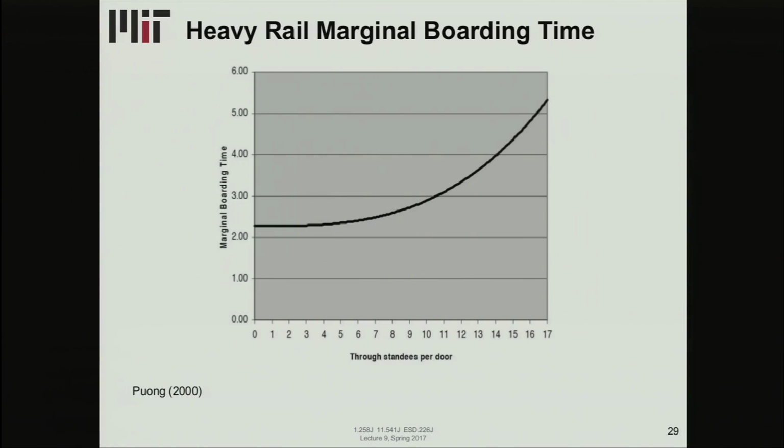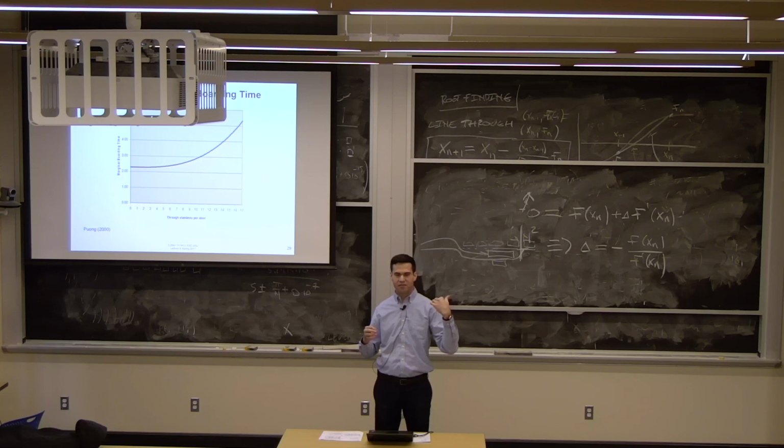Here's a marginal boarding time on heavy rail from the third paper. I think this was looking at the red line. So this is the marginal boarding time when everybody can sit down. When you look at the number of through passengers, that is the number of passengers who are on the train when the train arrives at the platform and don't get off, so passengers riding through the station.